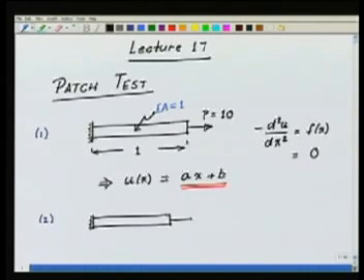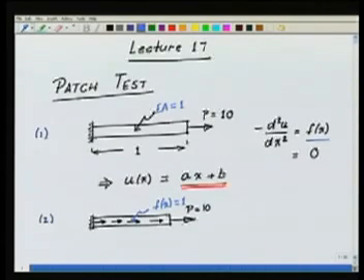Here everything is the same as in problem 1, but now I apply a uniformly distributed load f of x equal to 1. Then minus d squared u by dx squared is equal to 1.